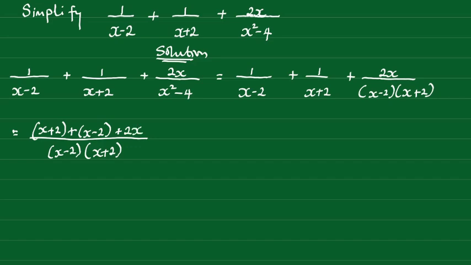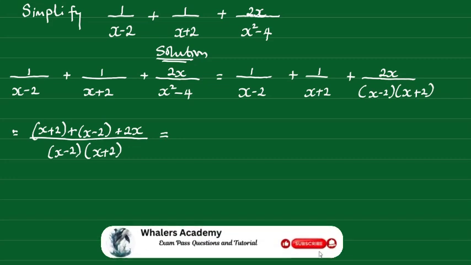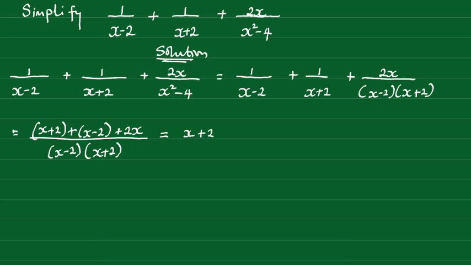Now continue what we're solving by opening the bracket at our numerator. So we have x plus 2, plus times x gives us plus x, plus times minus 2 gives us minus 2, plus 2x, all divided by (x minus 2)(x plus 2).